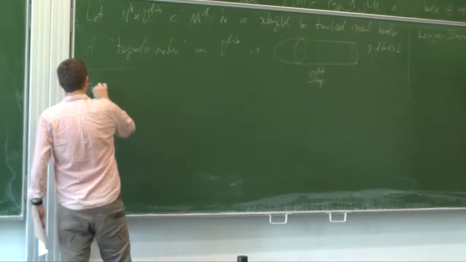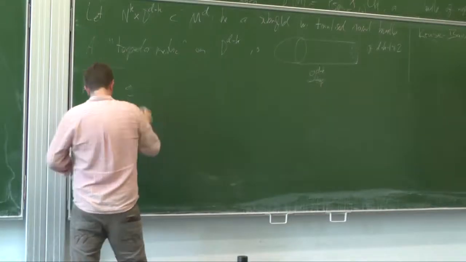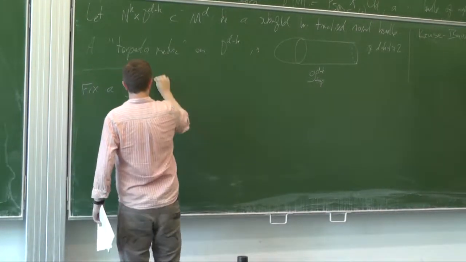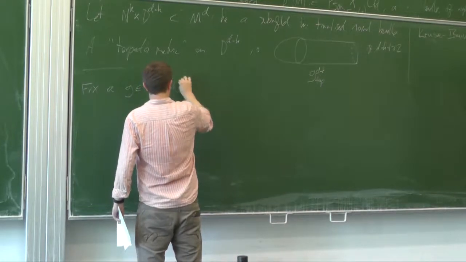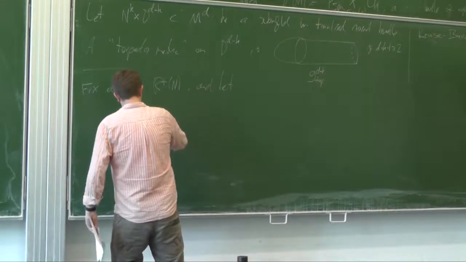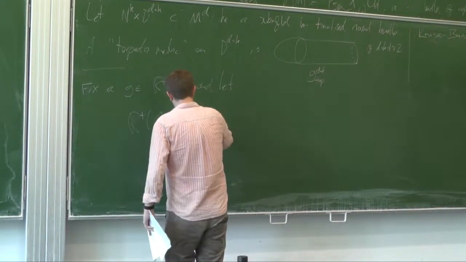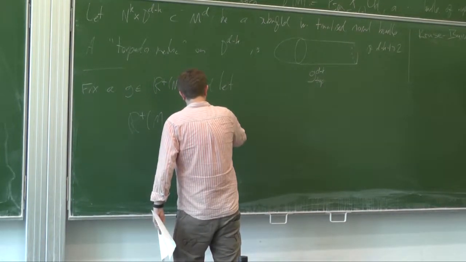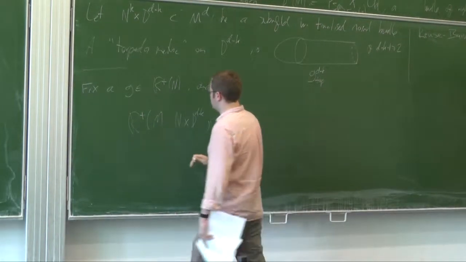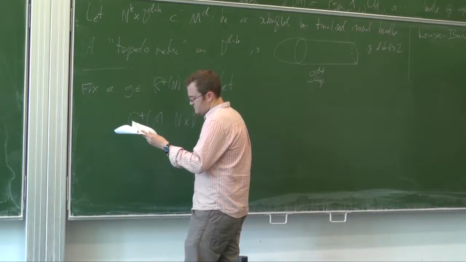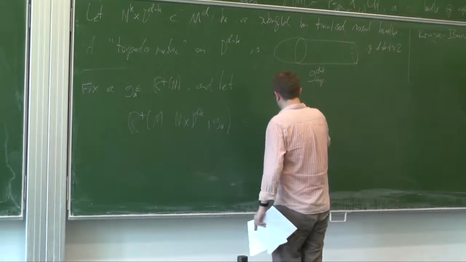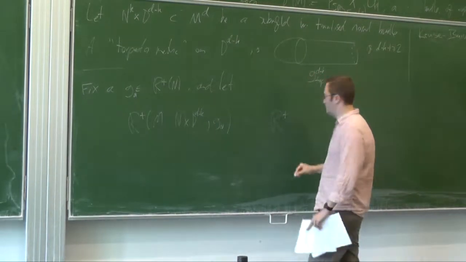So fix a positive scalar curvature metric on N, with N some manifold. And let R plus of M, N cross D^(d-k), semicolon g_N, call that something else, be the subspace of metrics that are just standard on this submanifold.